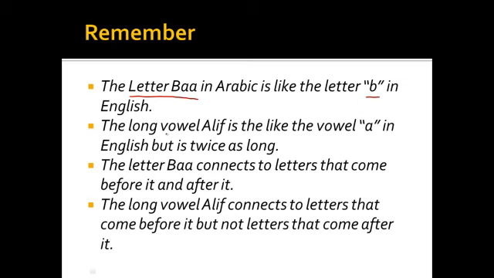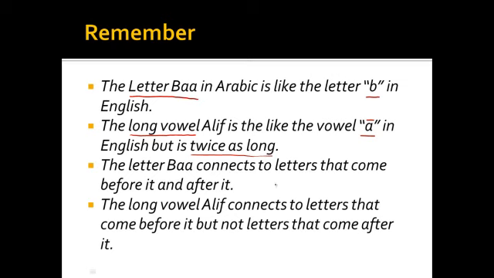The long vowel alif, and remember it's a long vowel, is like the vowel A in English, and we're going to write a little line on top of it to indicate the long vowel nature of the A. And remember it is twice as long as the vowel A in English.